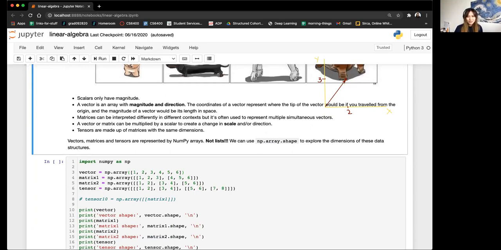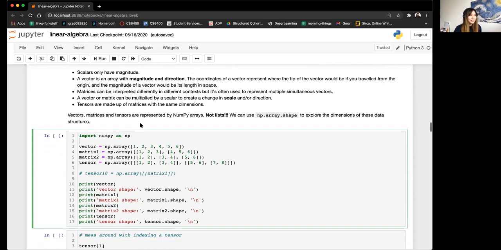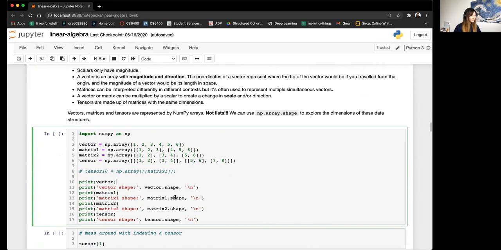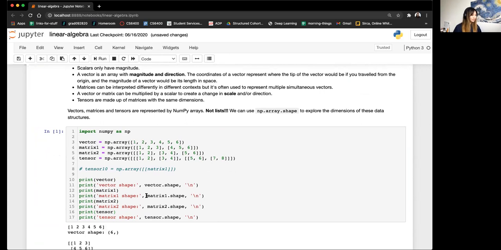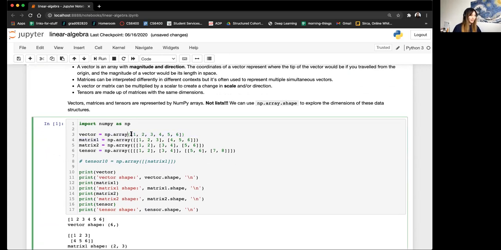So in this next section, I'm just going to go over some quick examples of all of these data types. Scalars are just numbers. So we'll talk about some vectors, matrices, and tensors. Let me just run this cell real quick. You can see here I'm doing np.array to make sure that these are arrays and not just Python lists.